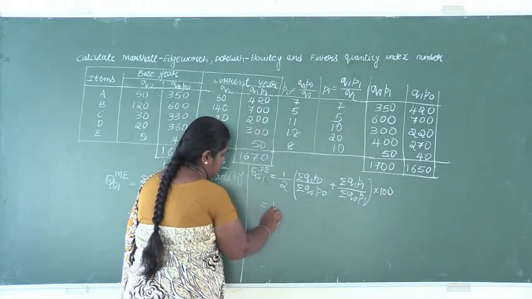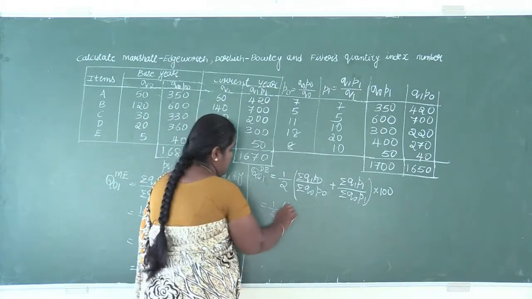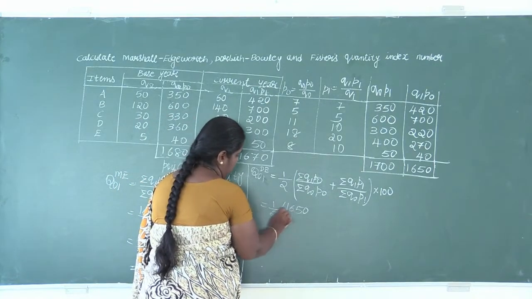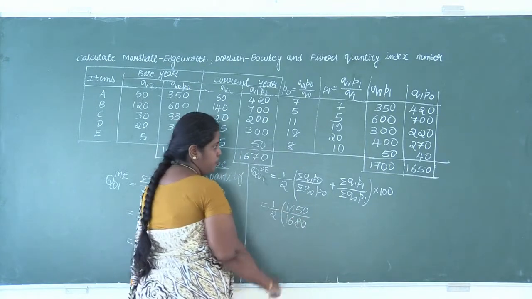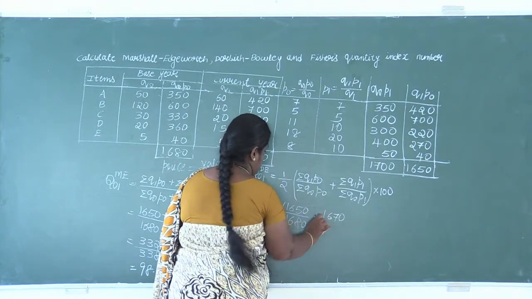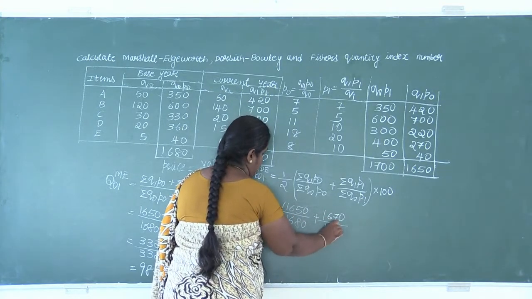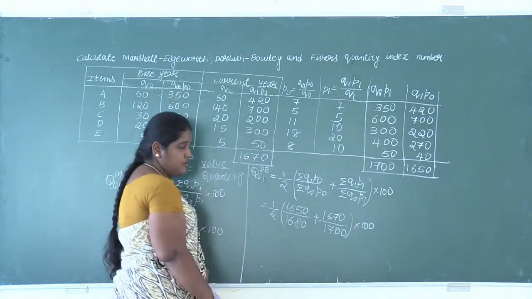Now again substitute in this, we'll get 1/2 into 1650 divided by 1680 plus 1670 divided by 1700 into 100.